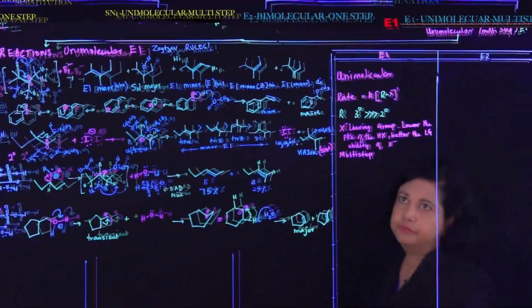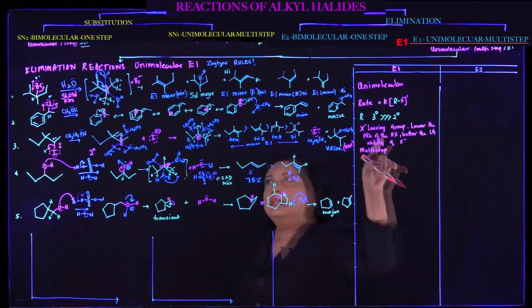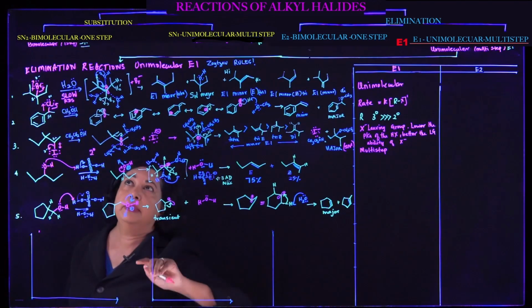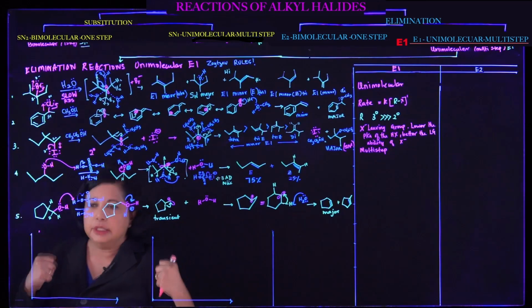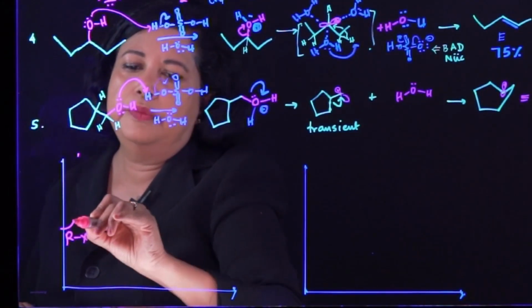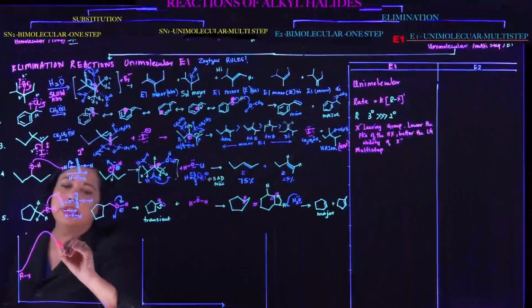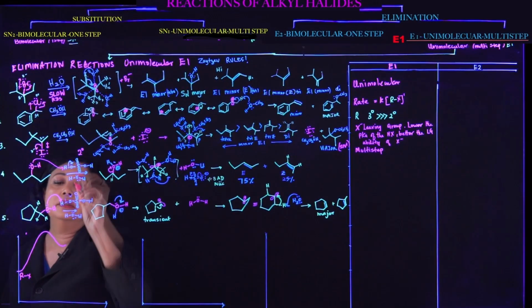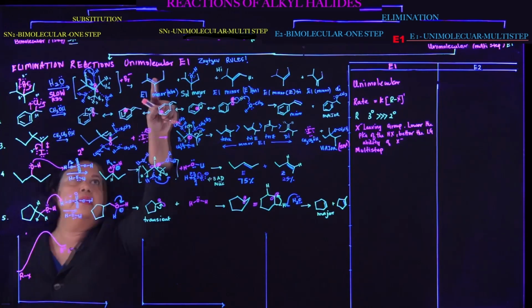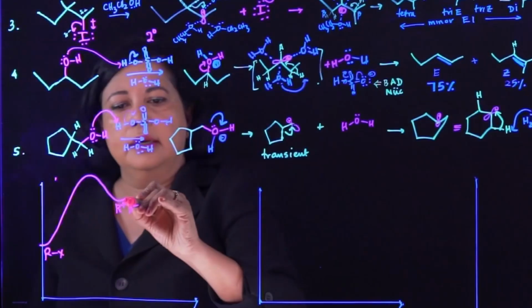That's key. Multi-step. Well, if you look at this, alkyl halides, the first step is going to be the most difficult thing to do. So that's going to be a very high activation energy, and you're still not done. You're still going to go to that R+ here. Then you can do your E1, SN1.